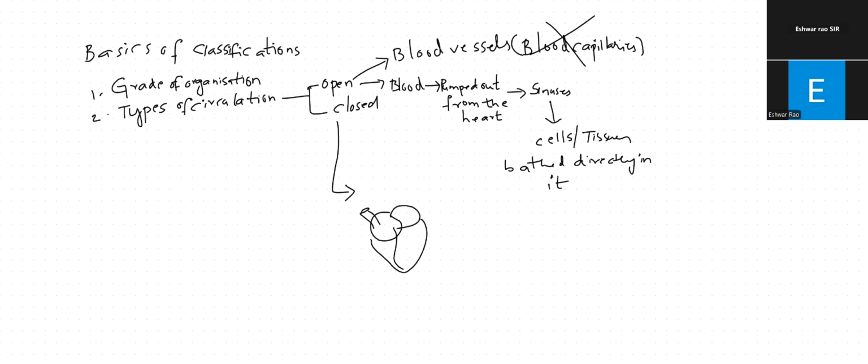Here these are called precaval veins or superior vena cava. This is a postcaval vein or inferior vena cava, which is pumping blood from the body parts. Then it pumps into the right atrium and then the right ventricle. So here, blood is always confined to the blood vessels.